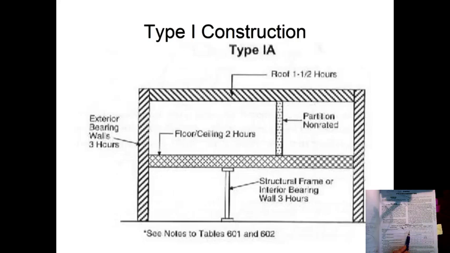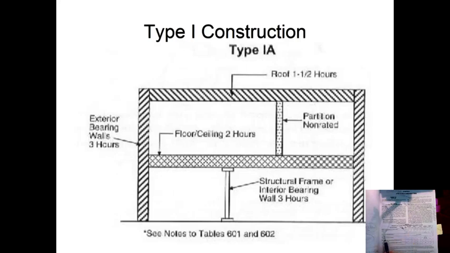Remember, we talked about columns and girders, things that are supporting the weight of the building. So we're talking about bearing walls. You see exterior here. If it's non-protected, it has to have a 3-hour rating. So here you see in the diagram in the PowerPoint, here's an exterior wall. It has to be 3 hours. If it is protected, with some type of coating, it could be a steel building with concrete around it, it could only be a 2-hour rating.